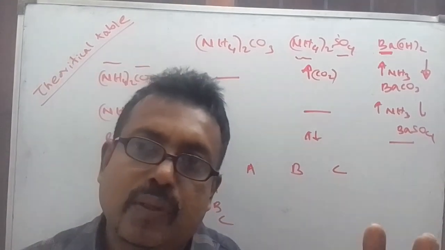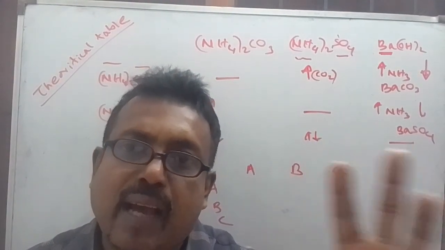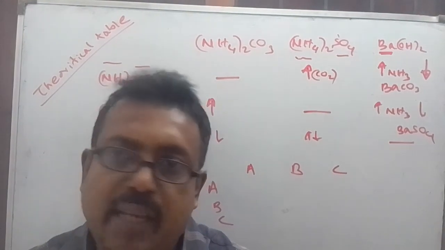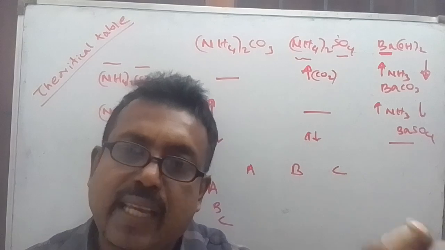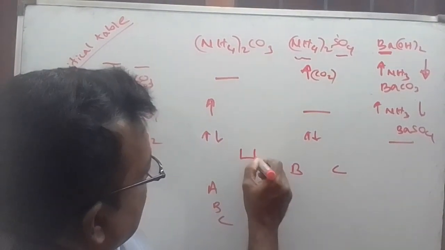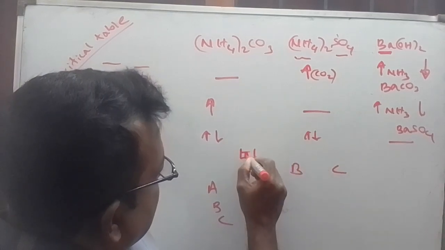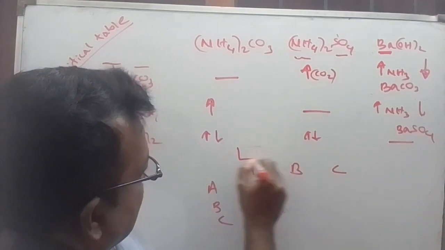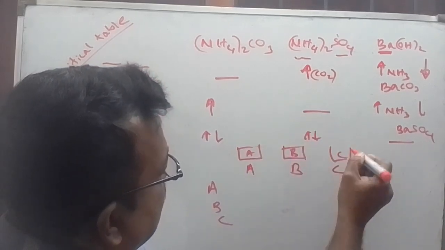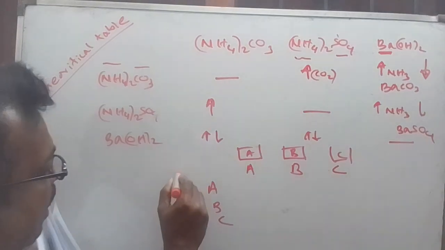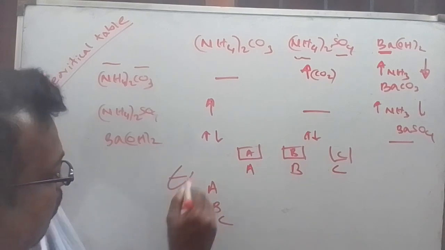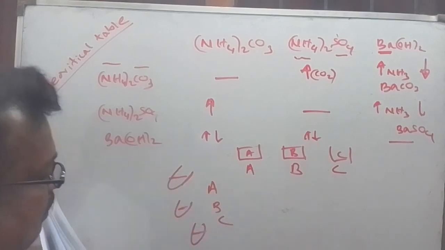What you need to do is label the samples as A, B, C, because practically you don't know their names. So these are A, B, C in beakers: beaker A, beaker B and beaker C. And take out small fractions of A, B and C into the test tubes like this.